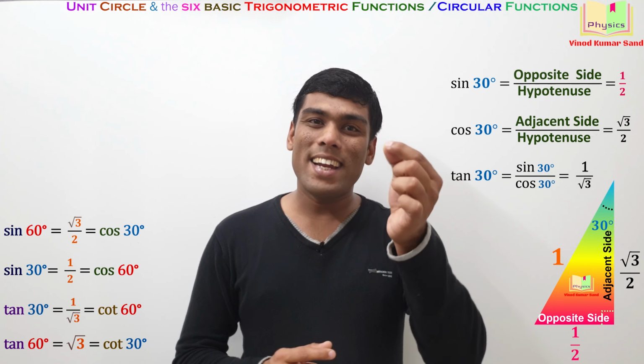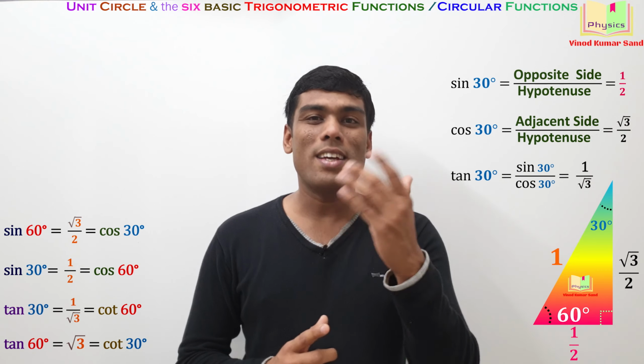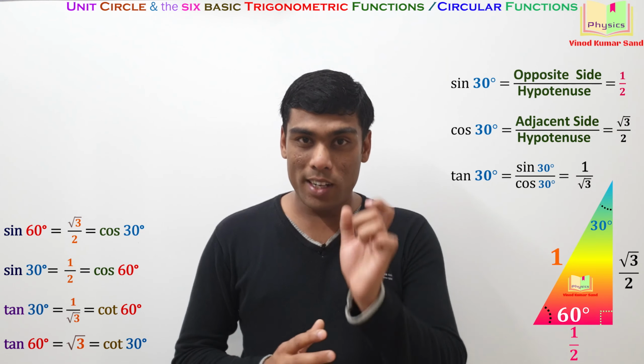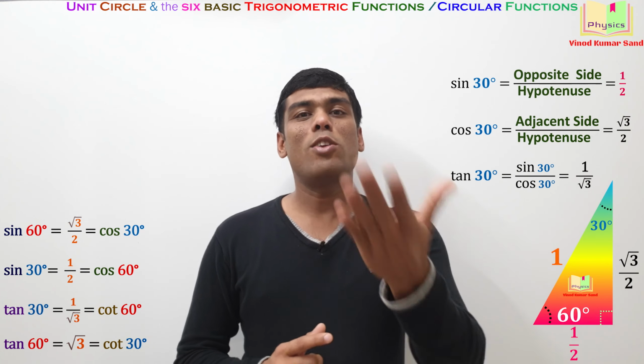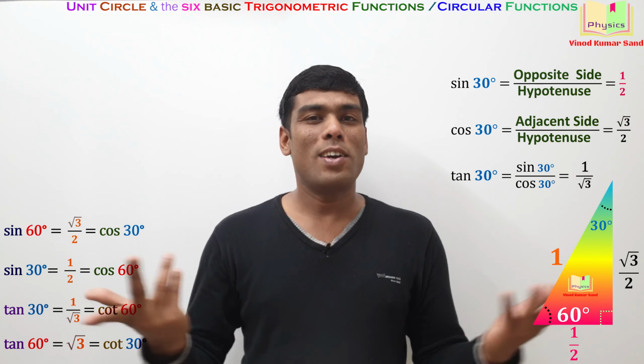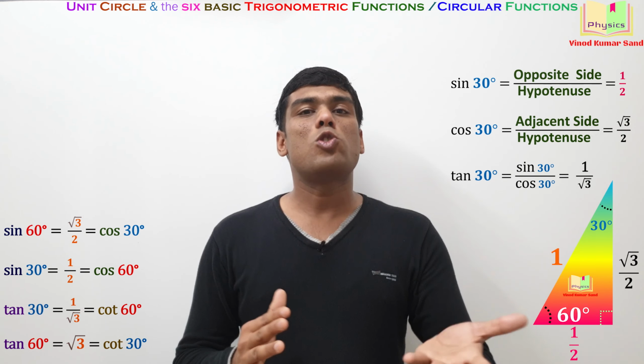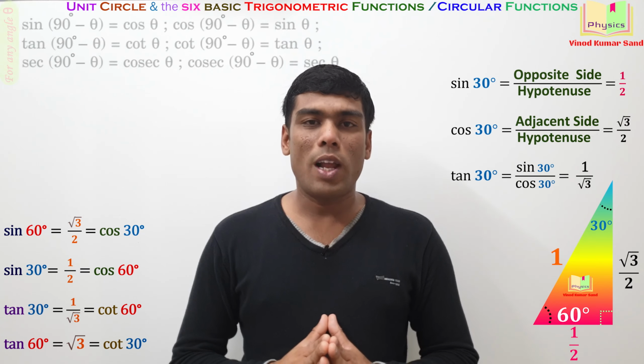Actually, the sine and cosine, if you remember, we had the talk, the word co here stands for complementary. Cosine means sine of the complementary angle and 30 degree and 60 degree are the complementary angles of each other. So we can generalize this as the formulas.